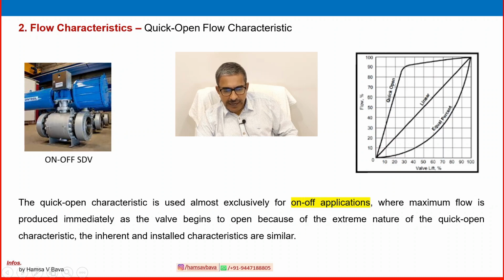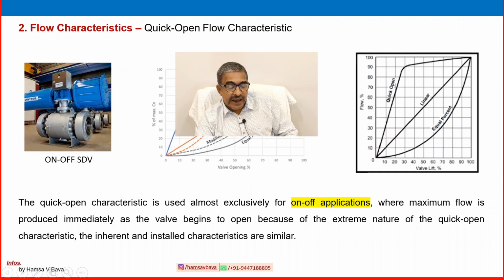Because of the extreme nature of the quick open characteristic, the inherent and installed characteristics are similar. In this case, the installed characteristic does not move towards another one; it is almost the same.